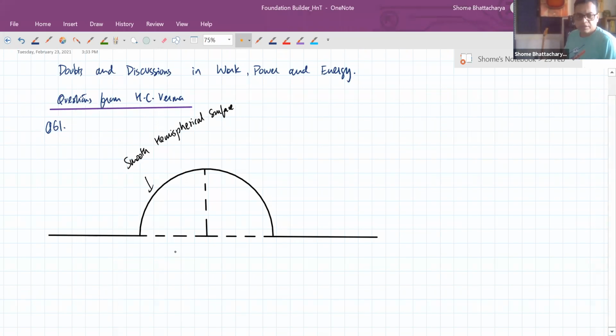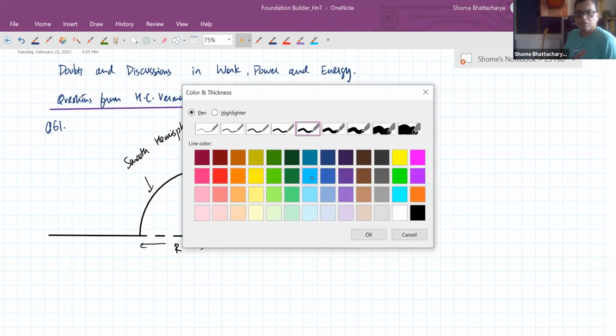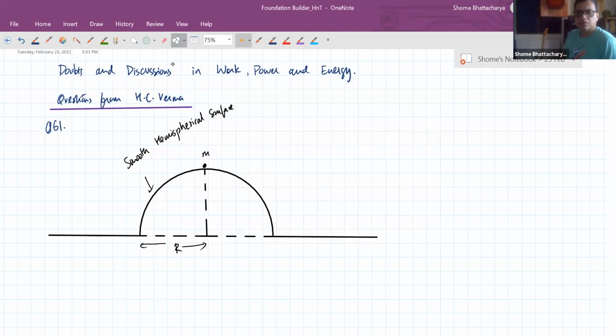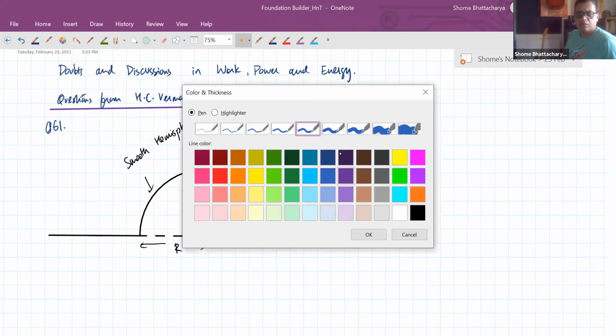Or it could be a smooth spherical surface also, it doesn't really matter. Now, from the top, a particle of mass m is given a horizontal impulse so that it develops a velocity v0. So we have to find the normal reaction acting on the particle just at this instant when this impulse is applied.